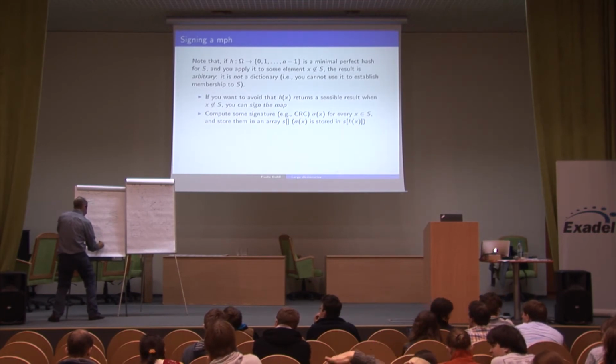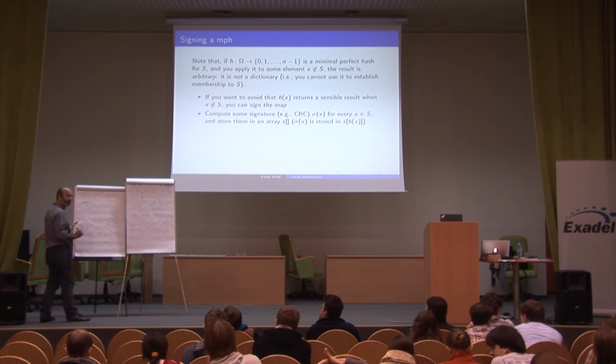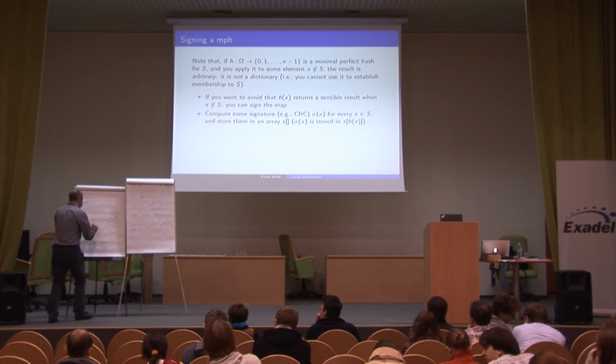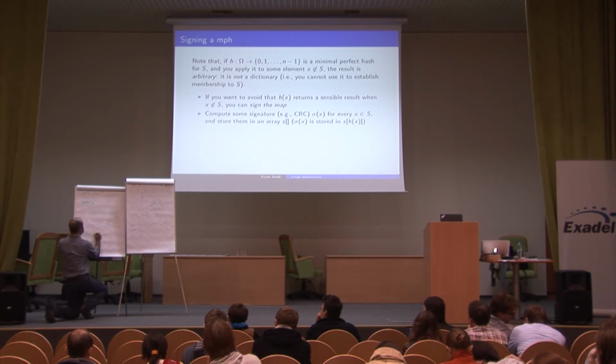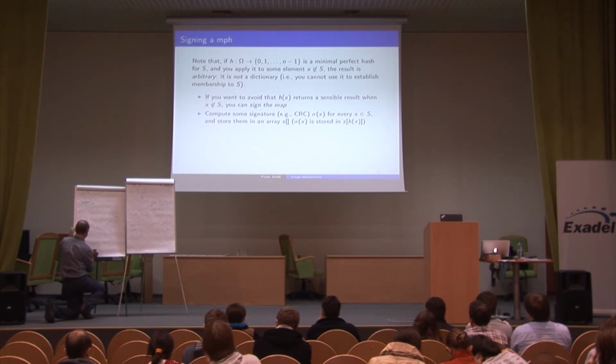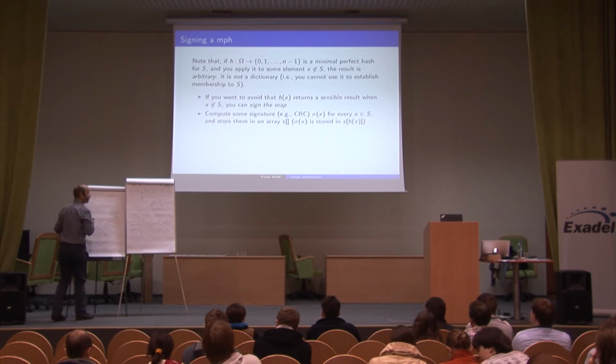So I have a long integer for every element of S, and then I fill an array with those signatures. So let's say that here I have a certain URL U. URL U is mapped onto a certain index i, and then at position i of the array, I will store the signature of the string U.